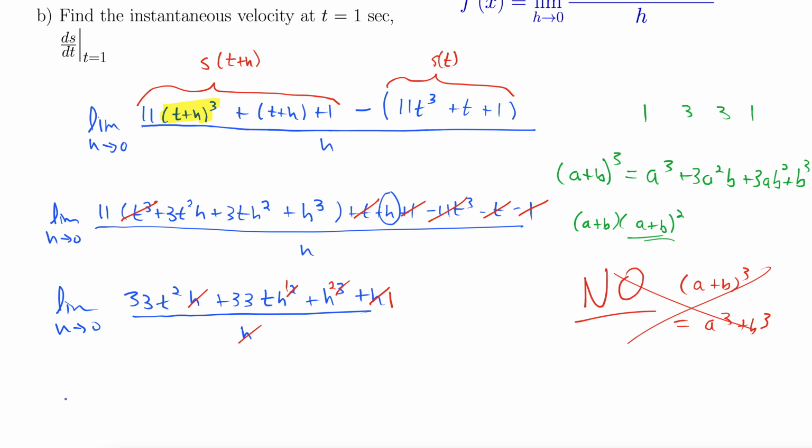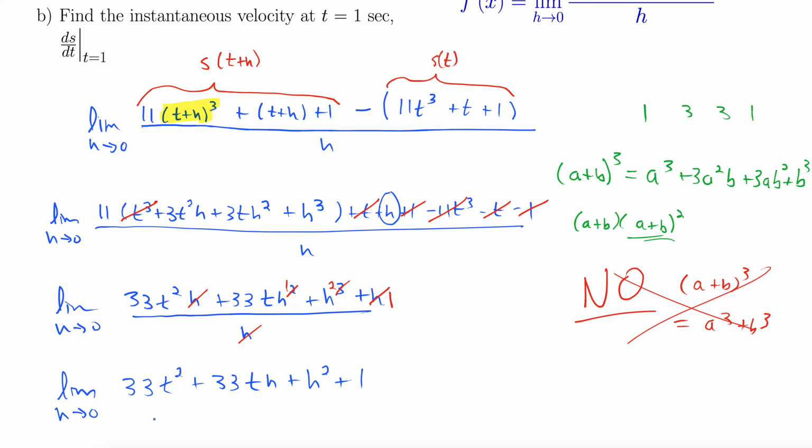Okay, so now we're ready to evaluate this limit. Let's clean it up one more time and then we'll evaluate it. The limit as h goes to 0 of 33t squared plus 33th plus h squared plus 1. And now we can easily evaluate the limit. This is just a polynomial.